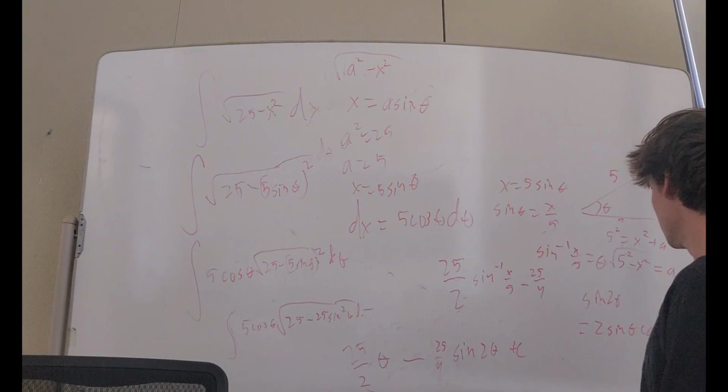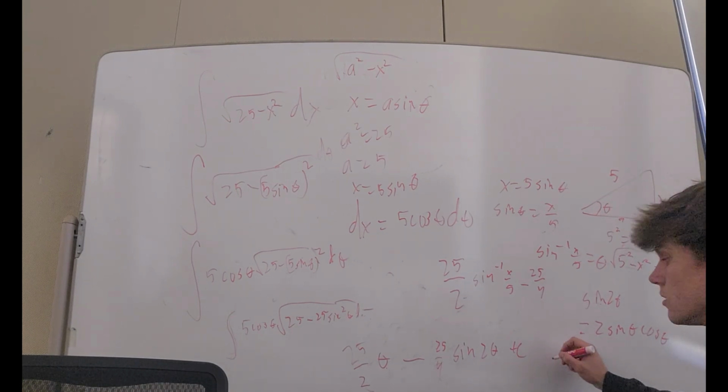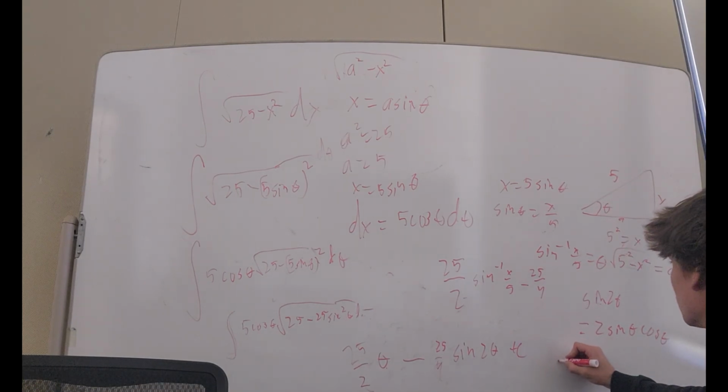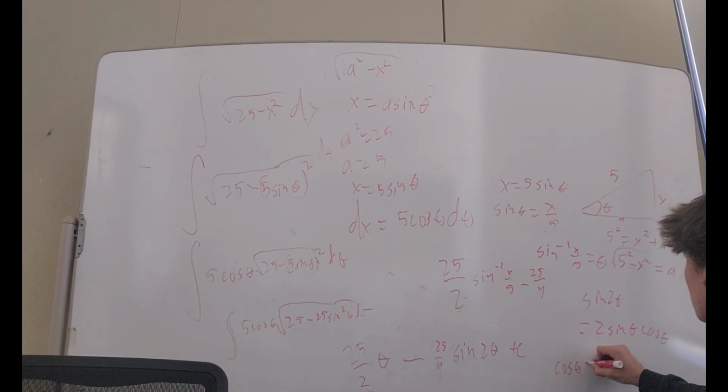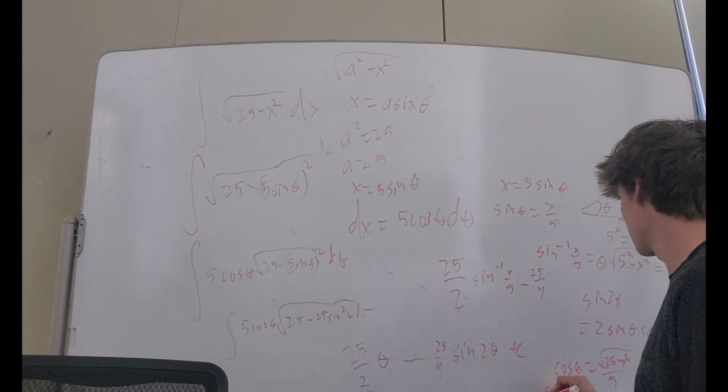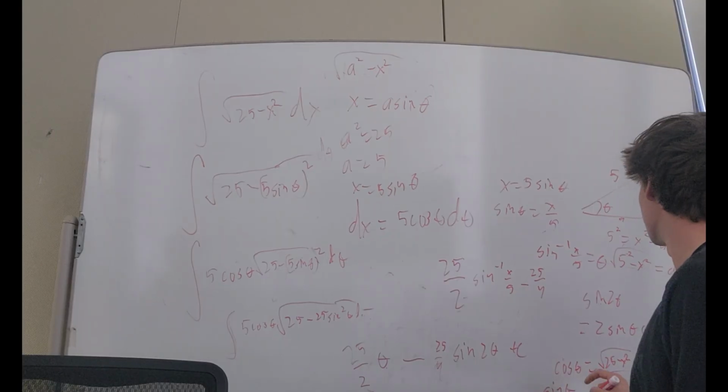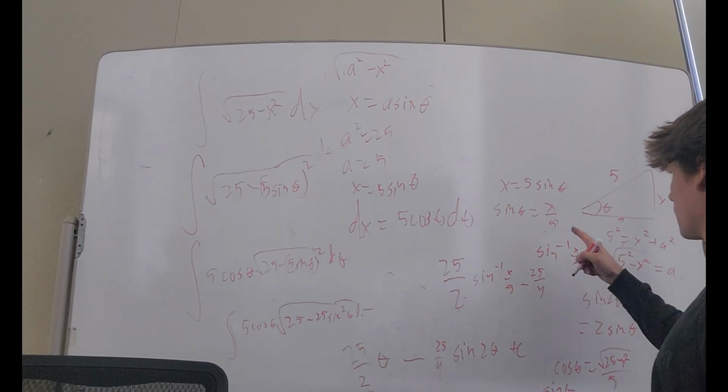So now we know our cosine theta equals root 25 minus x squared over 5, and the sine theta equals x over 5.